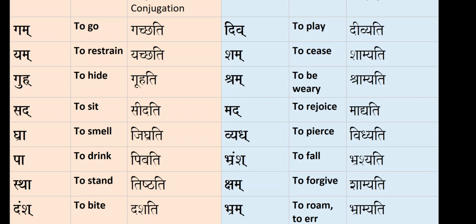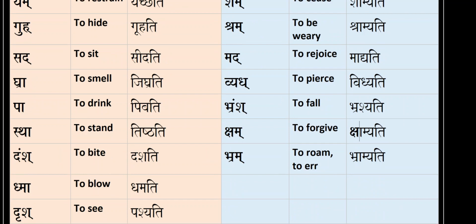Then bhramsh, to fall, and then that is bhrashyati. Then ksham, to forgive, is supposed to be kshamyati. Then bhram, meaning to roam or to err, is bhramyati.